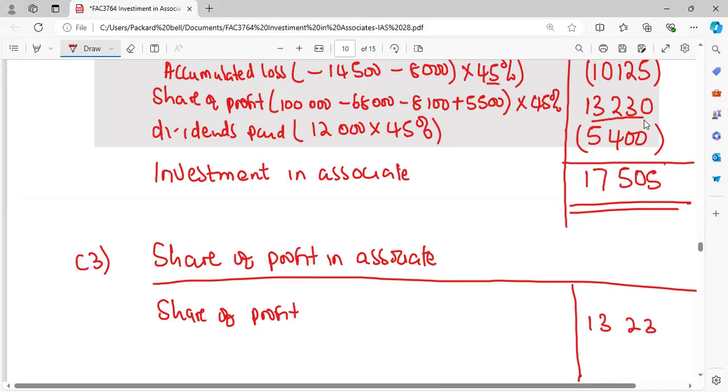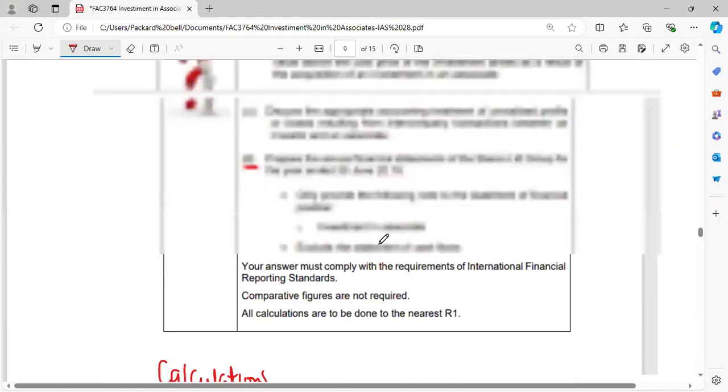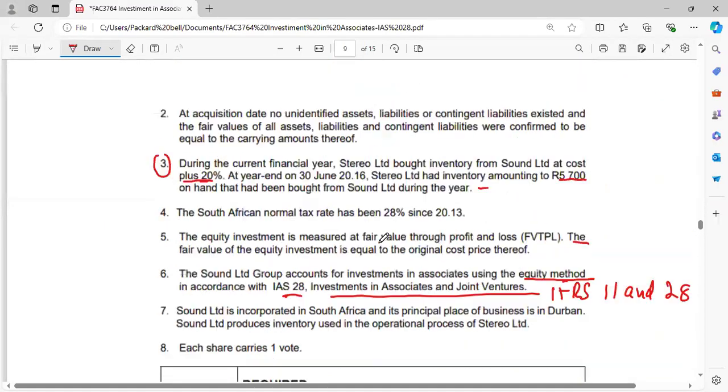Then you need to apply the tax effect. So you come here. During the current financial year, Stereo Limited bought inventory from Sound Limited at a cost plus 20%. At year end on 30, Stereo had inventory.